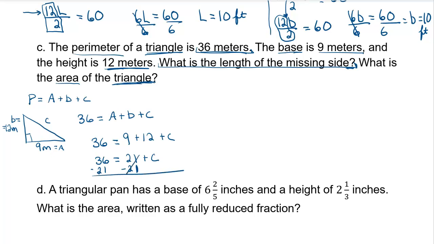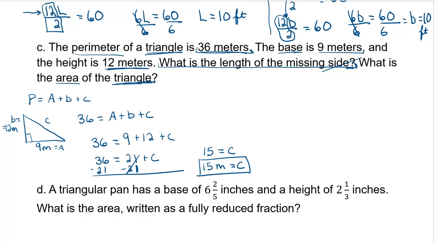So 36 minus 21 is our next calculation, and I get 15 equals C. So 15 meters is my missing side. All right, so I'm done with my first question.